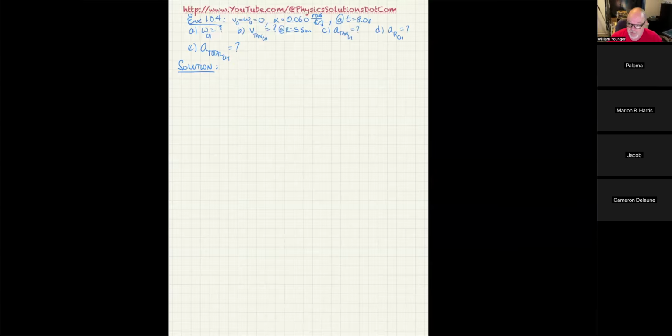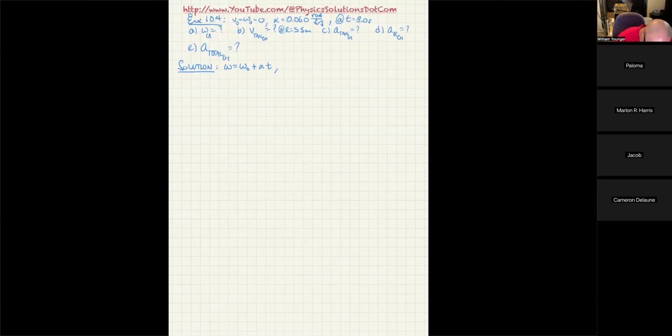So by the same reasoning and the analogy that I showed you before, that means we should be able to use omega is equal to omega 0 plus alpha t. That's the rotational analog to V equals V0 plus AT. So that's one of the equations we're going to use.